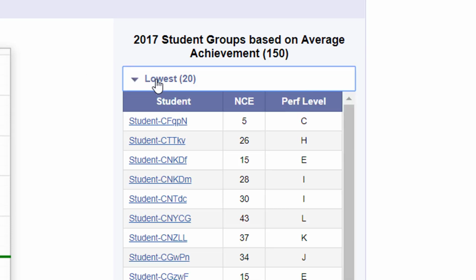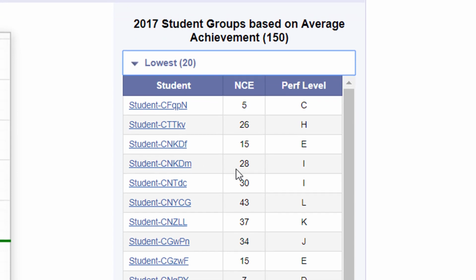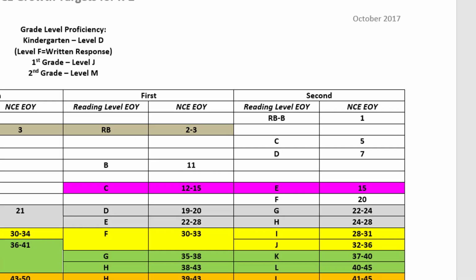So if a student was a 28 NCE when they left the 1st grade, we would want them to be at least a 28 NCE when they leave the 2nd grade. But if you notice, a 28 NCE in the 1st grade is different than a 28 NCE in the 2nd grade. They're expected to show growth. So now I'm going to show you the chart.